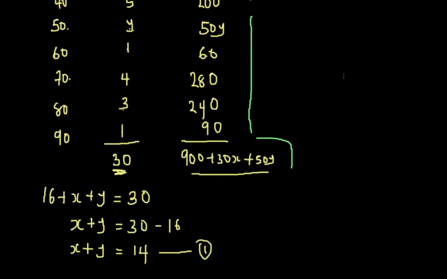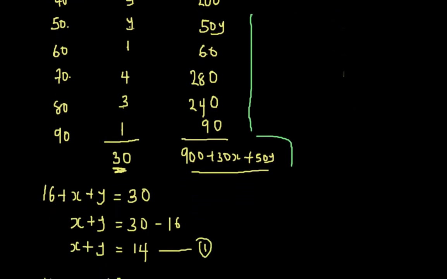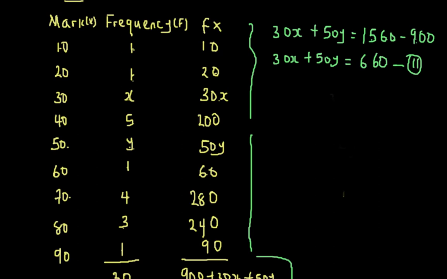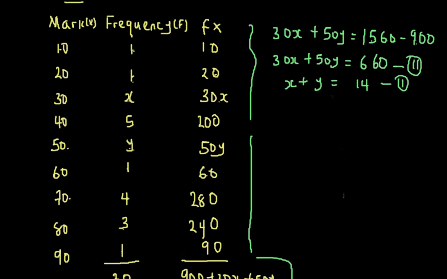Now let me get equation 1. Equation 1 is x plus y equals to 14. So we need to solve this simultaneously. Does this make sense? We can solve using elimination method.